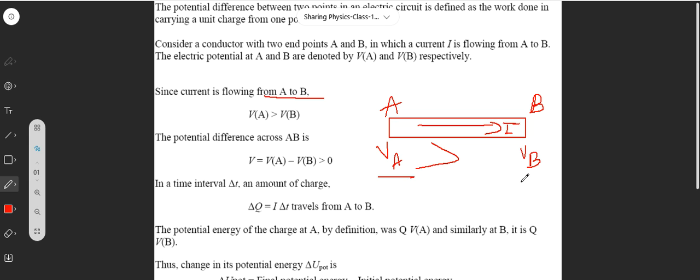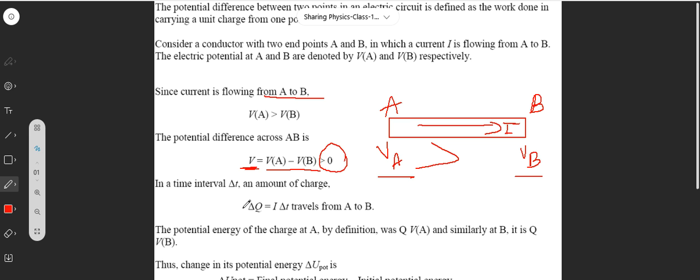A should be at a higher potential and B at a lesser potential. Then only can it flow from there to here. So if you subtract, the answer should always be greater than 0. That gives us the potential difference across the points A and B, which is going to be taken as V in our case.